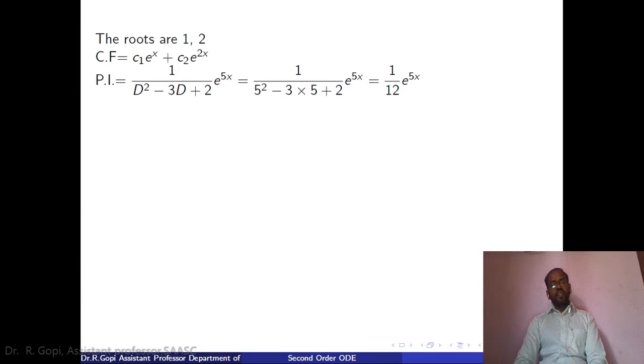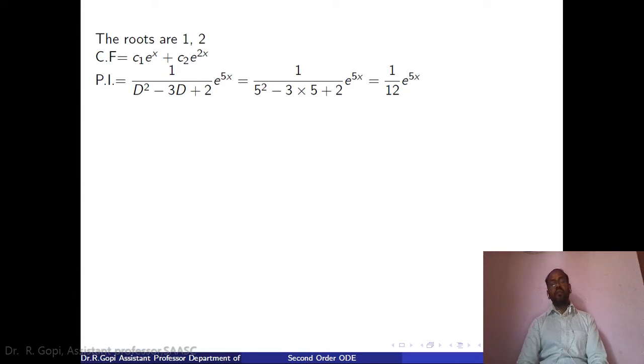The value of a is 5 here, so replace D by a, that is replace D by 5. Then 5 square minus 3 into 5 plus 2. 5 squared is 25, 25 minus 15 plus 2. So 25 plus 2 is 27, minus 15 is 12. So the particular integral is 1 by 12 into e power 5x.